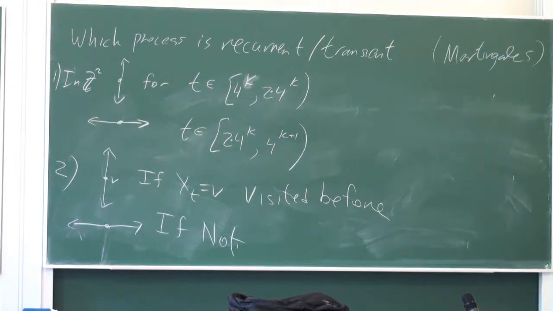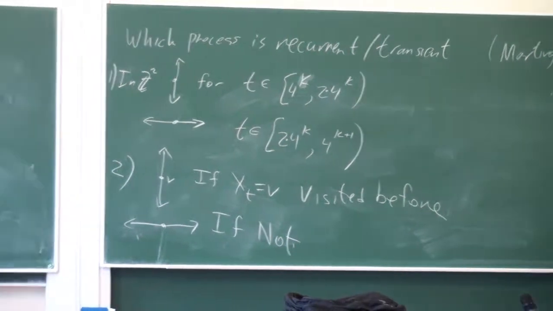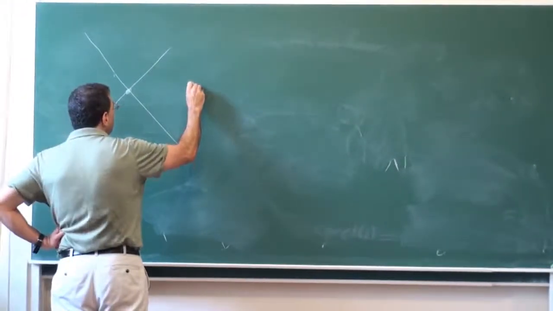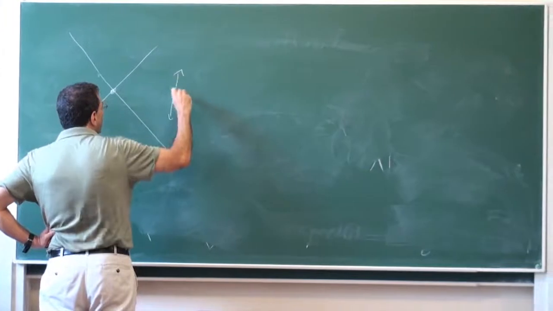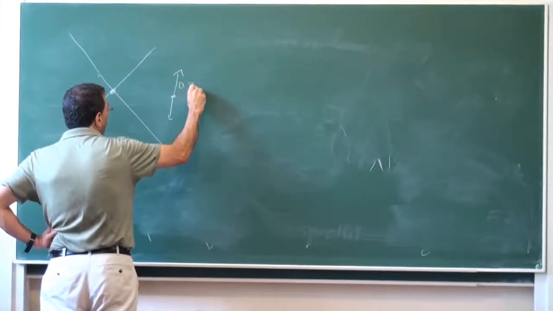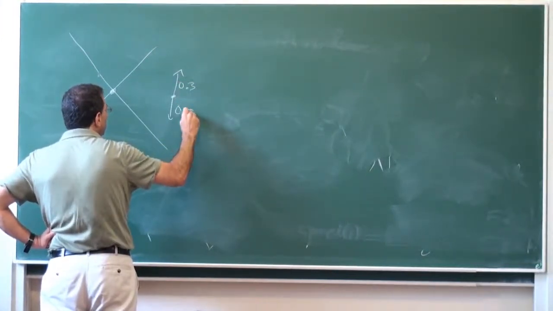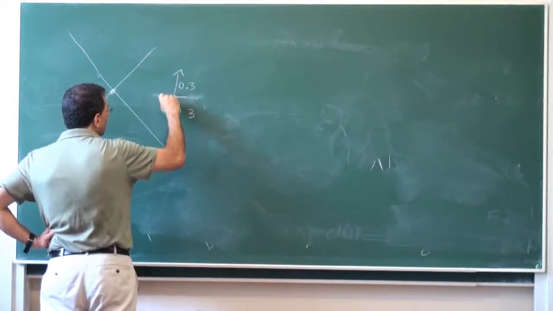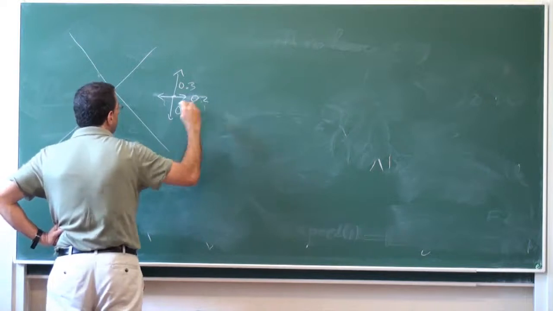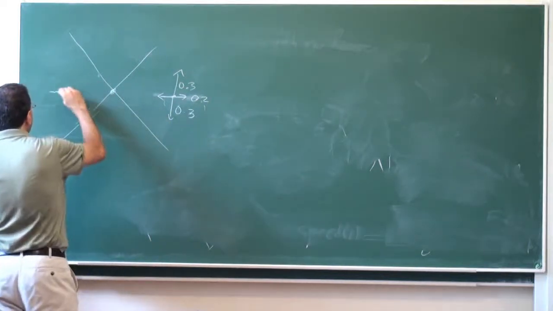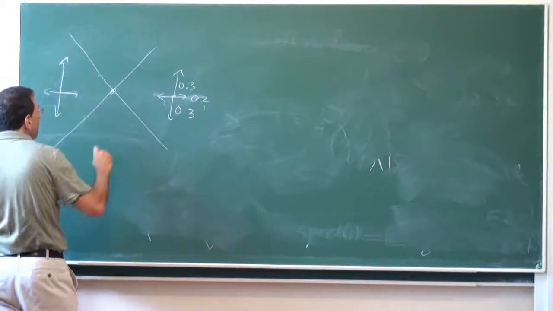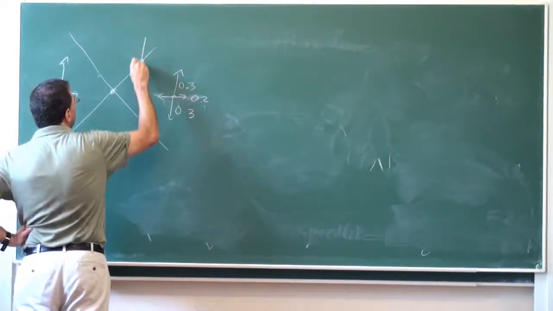And here is a specific example. So on this part of the plane, we're going to walk with probability 0.3 up or down, 0.3, and 0.2 left or right. And the same here. And the same actually on these diagonals.